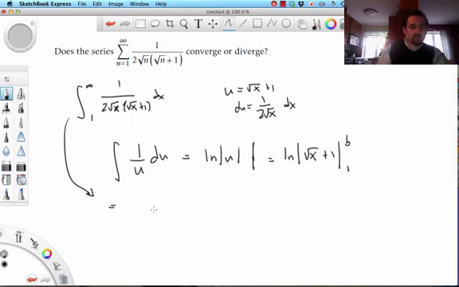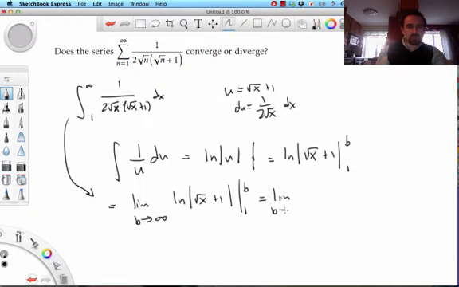This is equal to the limit as b goes to infinity of ln, the absolute value of root x plus 1. Now we don't really need the absolute value here because this will always be positive, but that's all right, from 1 to b. So again, I have the limit as b goes to infinity of ln of root b plus 1 minus ln of 2.